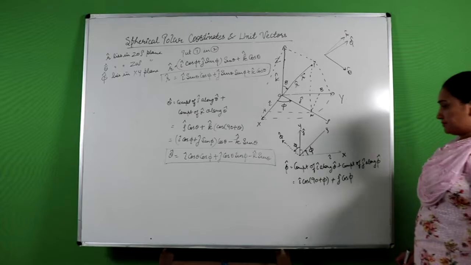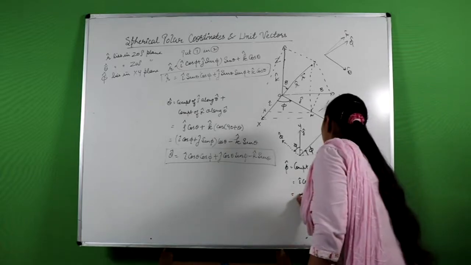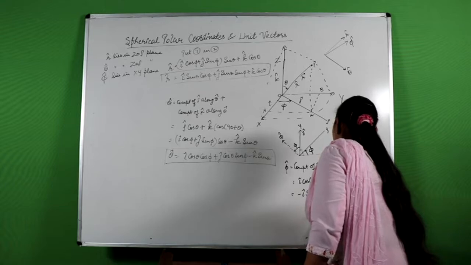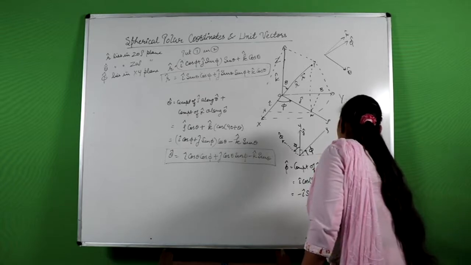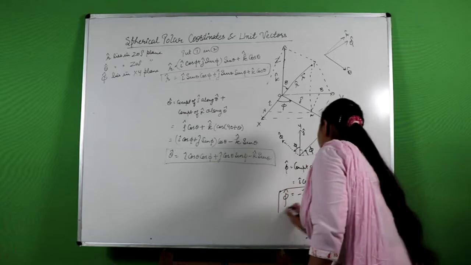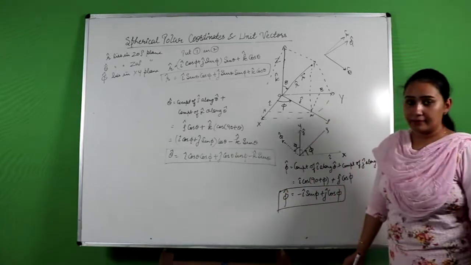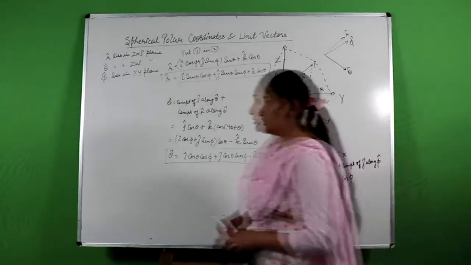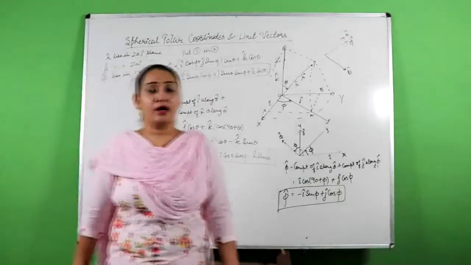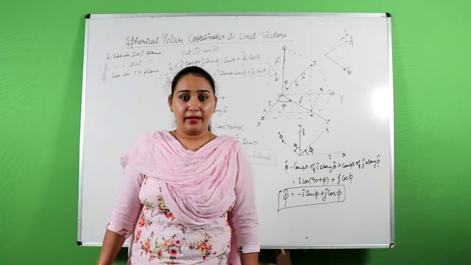So cos(90 plus phi) is minus sin phi, giving minus i cap sin phi plus j cap cos phi. So this is my phi cap. So these three are the unit vectors for spherical polar coordinates: r cap, theta cap and phi cap.